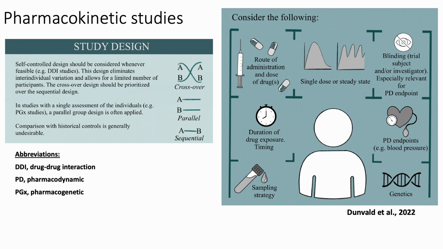But we also have another design of the study that we call crossover. So on the top left side in the table, you can see that you can have individual A that is going to have a treatment, and then we are going to stop the treatment, and we are going to put the same individual now in treatment B. So one individual here had treatment A, then after the washout period had treatment B. So here we have an individual that served as his or her own control.